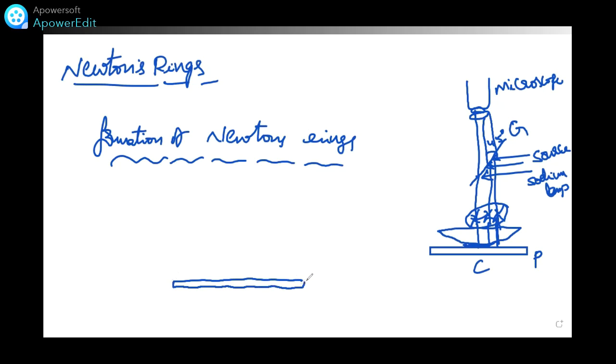This is a plain glass plate, and this is the plano-convex lens.